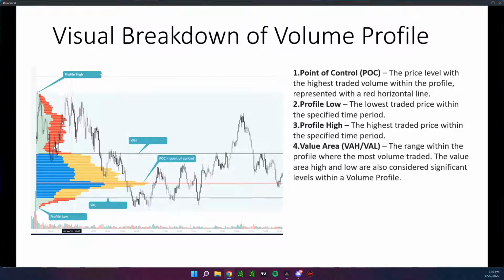Responsive buyers. Who's selling on the top right here on value area highs? Responsive sellers. Okay, who takes it above value area high? Right here, who took this? Initiative buyers. And now, if it broke the value area low, who would have taken it down? Initiative sellers. All right, good.